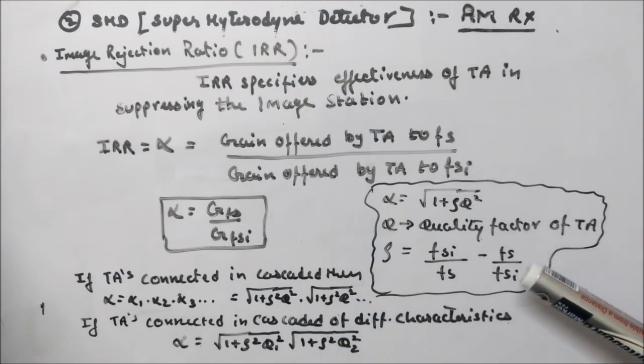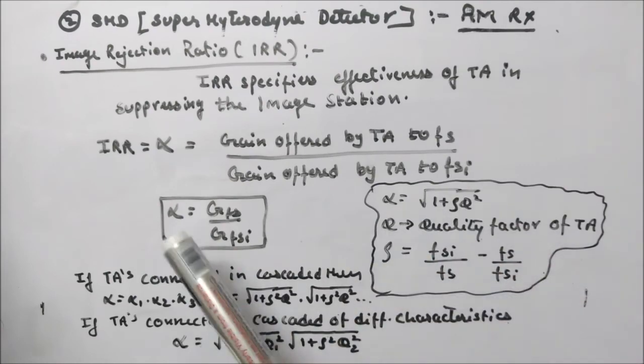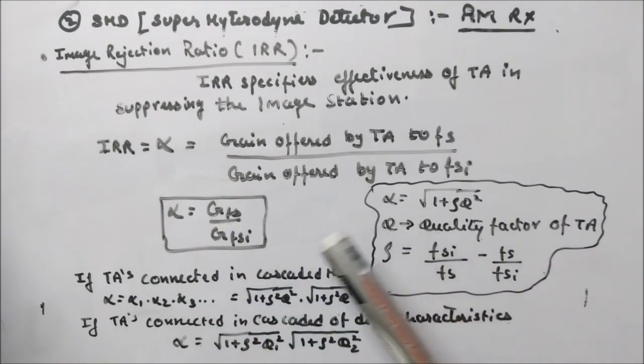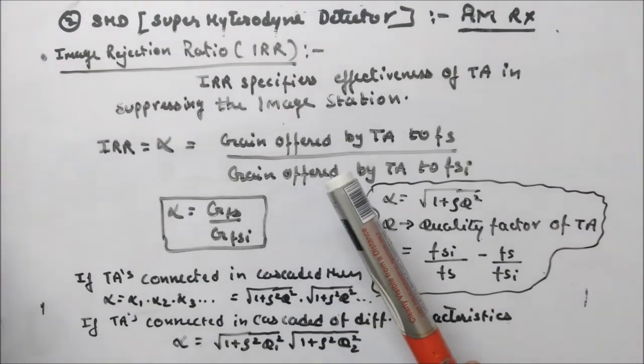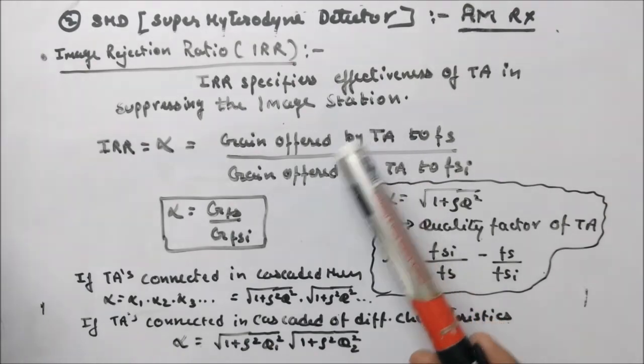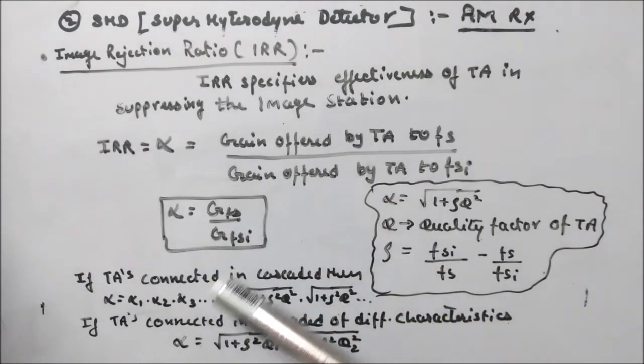So that is how you can calculate the value of alpha, either way, and the higher the value of alpha, the better the suppression of the image frequency will be. So alpha needs to be very high.